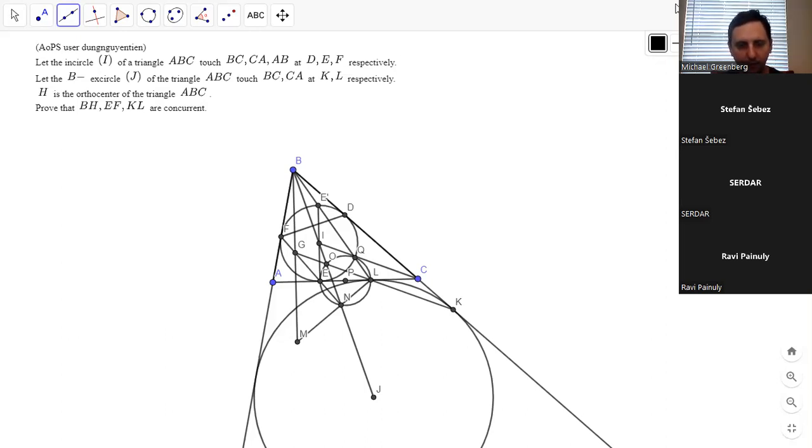So ME and O we know are collinear, right? We need to show that EOD are collinear. So we want to show EO is perpendicular to CI.